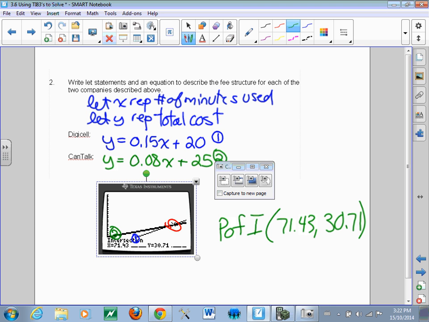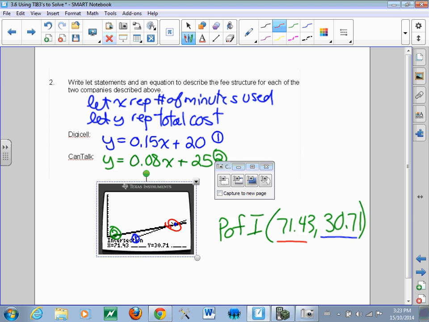Looking at this graph, ladies and gentlemen, the point of intersection is very important. So what does it mean? It means they're both going to charge the same amount. It means that both companies will charge $30.71 when Sam's father talks 71.43 minutes.